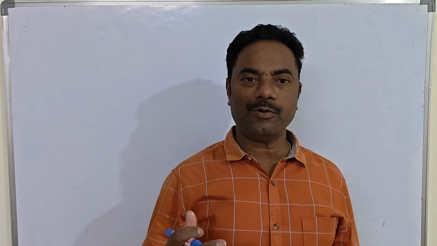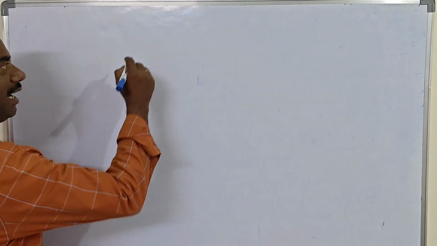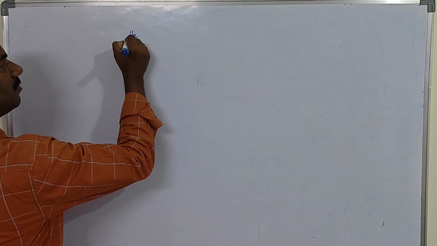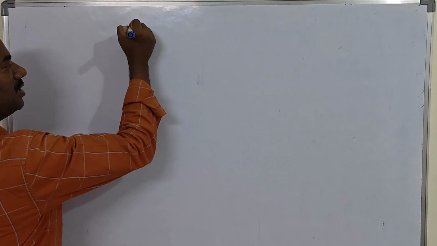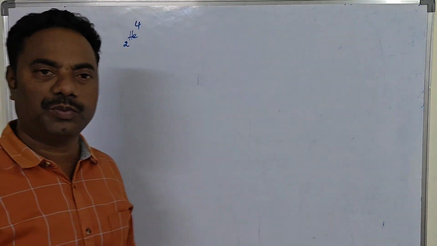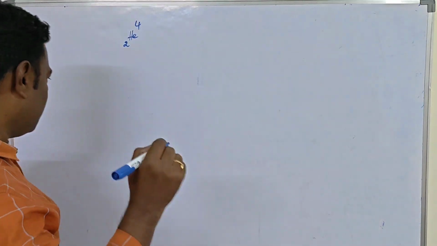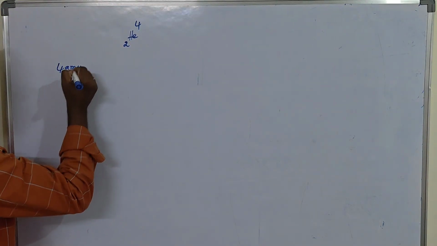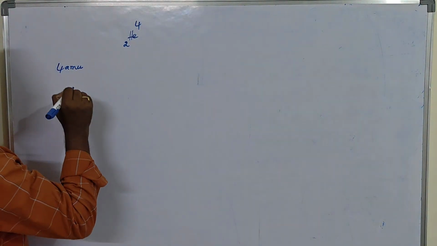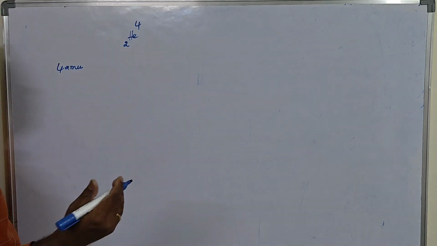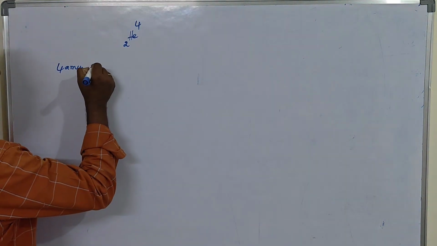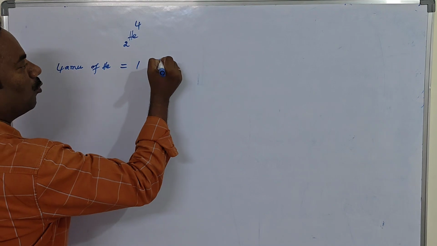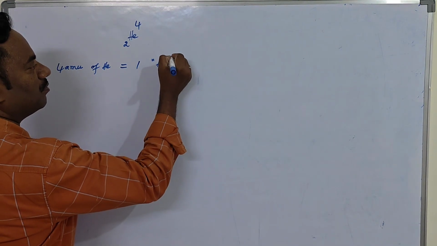Now you have to take any atom. This is helium, its atomic number is 2, mass number is 4. The mass number is in AMU, 4 AMU of helium, which is equal to 1 helium atom.